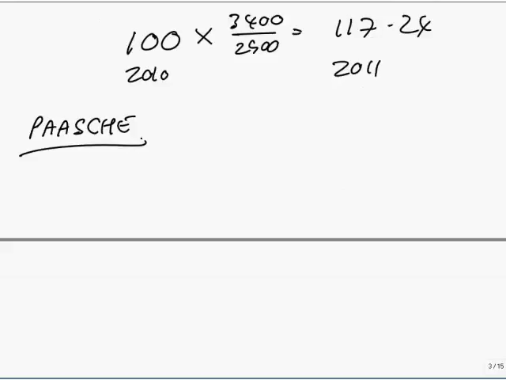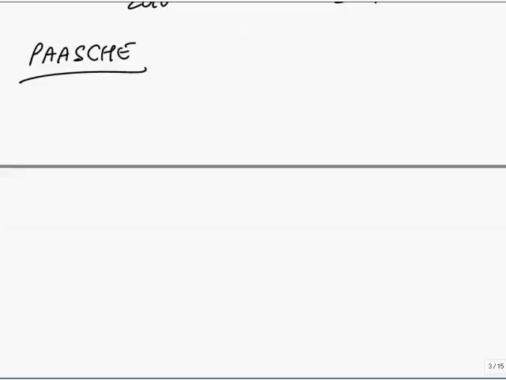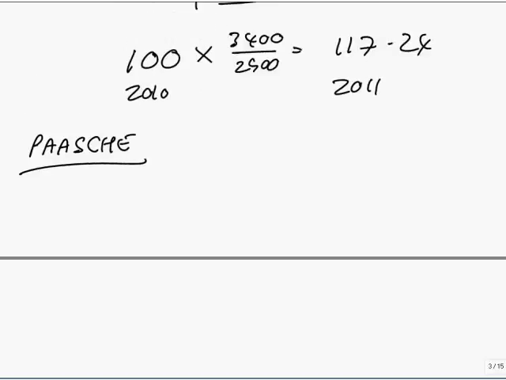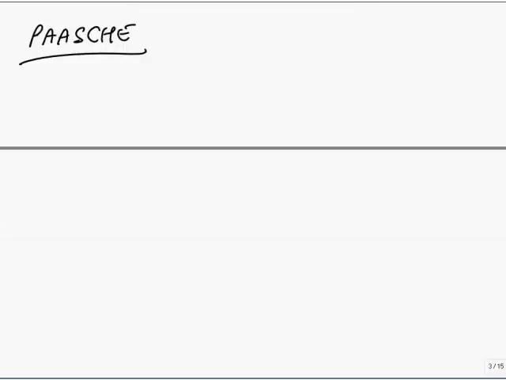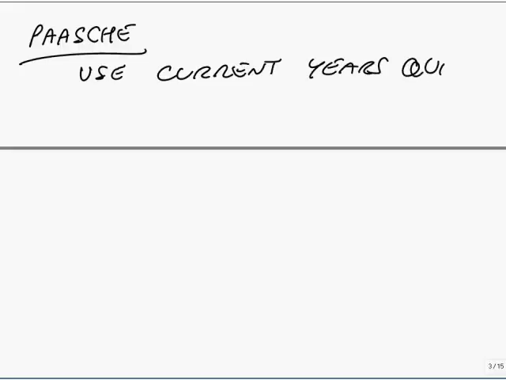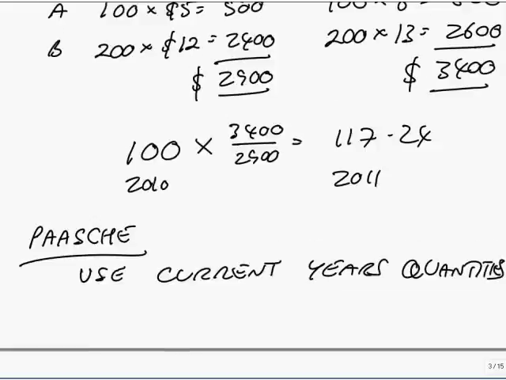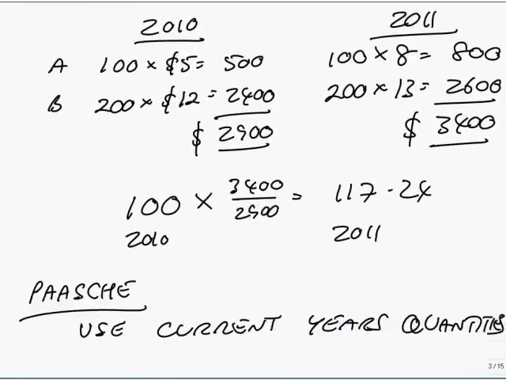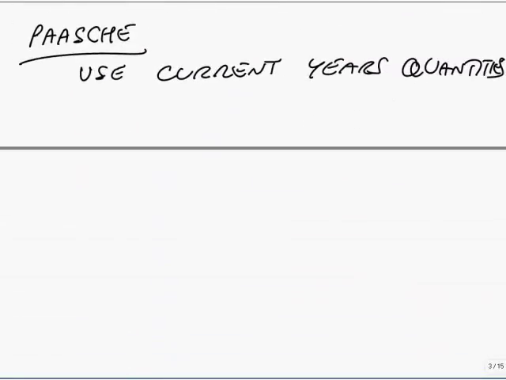Exactly the same idea, and you must use the same shopping basket both years. But with Paasche, you use the current year's quantities. Otherwise, exactly the same. Use current year quantities.